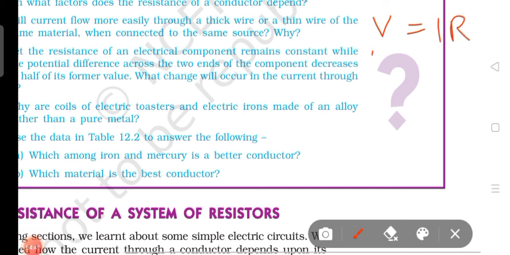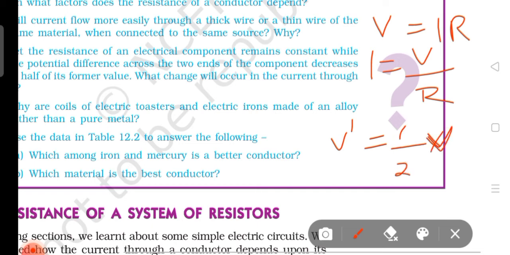Now if you change this formula, I is equal to V by R, because you have to find the I. Now V naught will be half of its former value, so it will be 1 by 2 into V. Former value is V, so 1 by 2 into V. Next, you have to find out I naught.